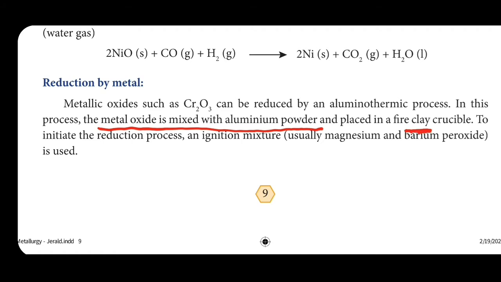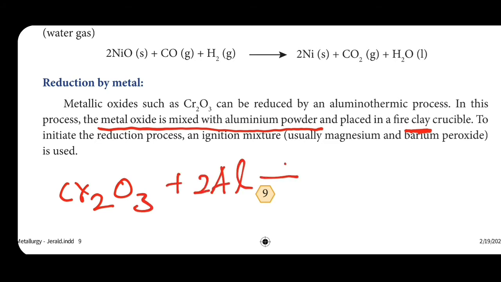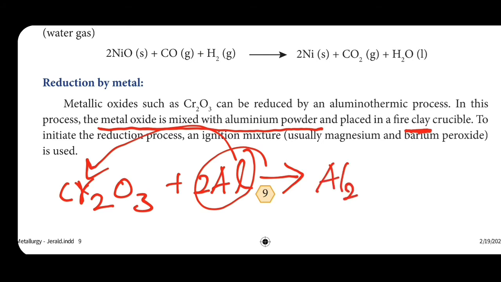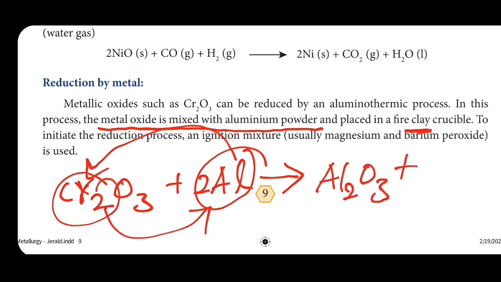In fire clay crucible, this mixture is taken, that is metal oxide, Cr2O3, mixed with aluminum powder. These two aluminum goes into the compound. So Al2O3 plus these two chromium comes out of the compound, that is 2Cr.